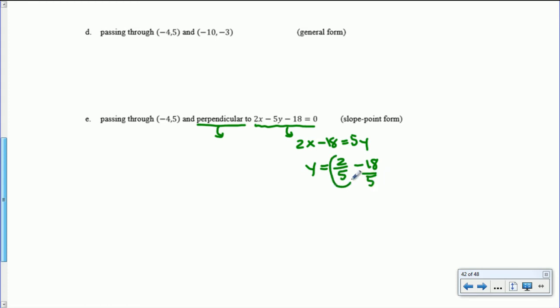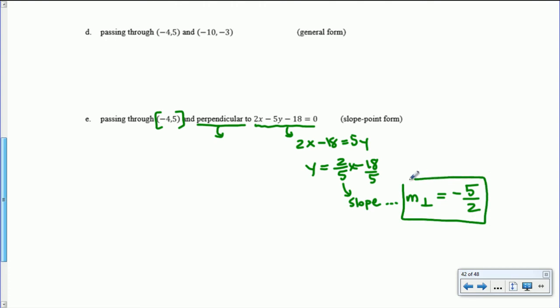So the slope of the existing line is 2 over 5. If you wanted something perpendicular to that, the slope would be the negative reciprocal, negative 5 over 2. So the problem simplifies to finding a line that passes through that point and has that slope.